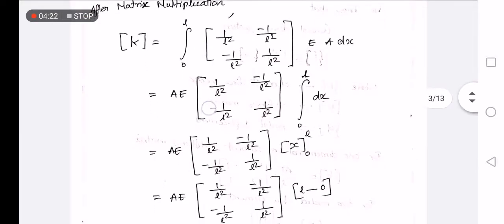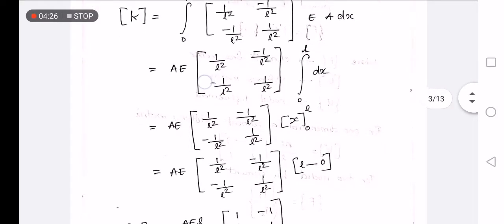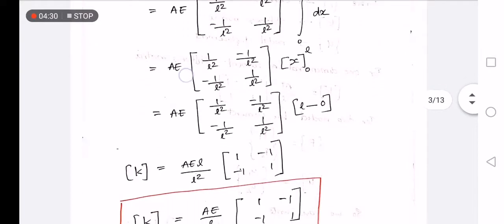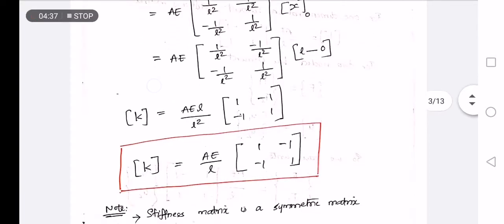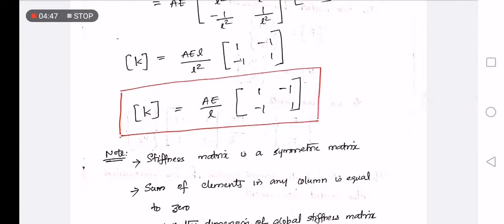So the integration is x from 0 to L. So we will substitute the limits also, and at last we will get the equation for stiffness matrix for one dimensional bar element: K is equal to AE by L into the matrix of 1, minus 1, minus 1 and 1, which is a symmetric matrix, isn't it? So note that the stiffness matrix is a symmetric matrix and the sum of the elements in any column is equal to 0.